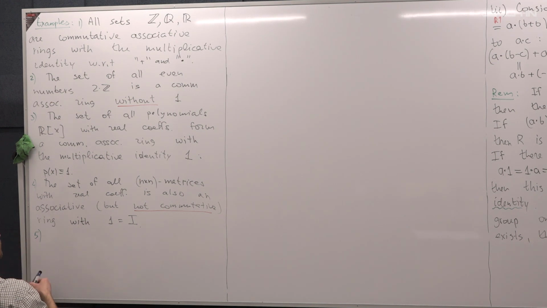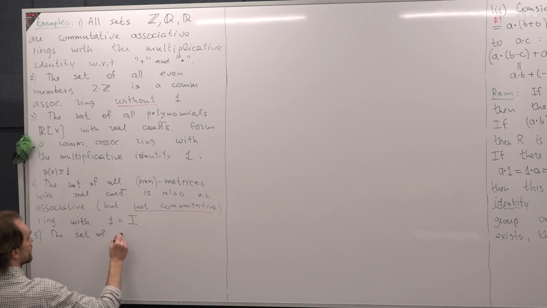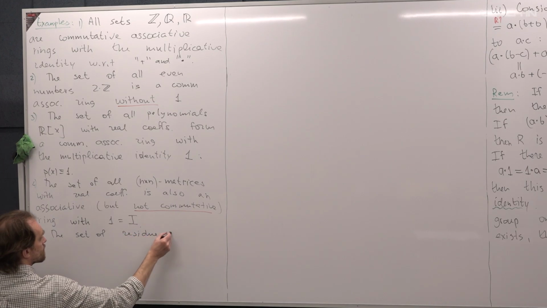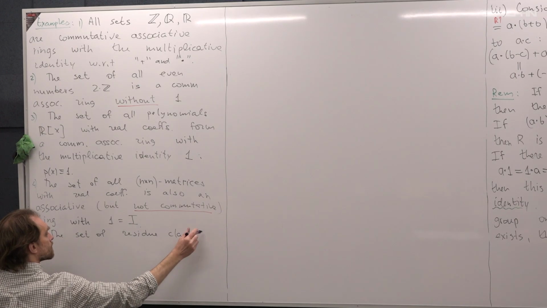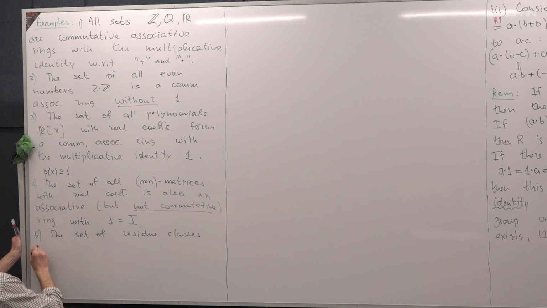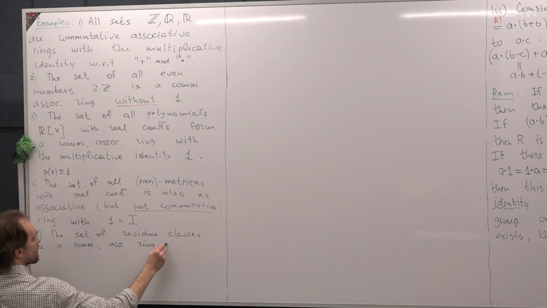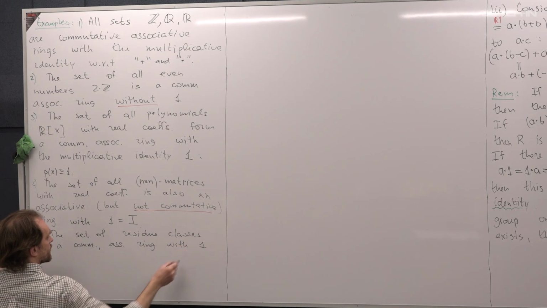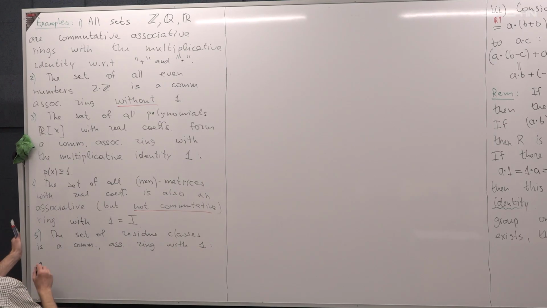And finally, the last example of a ring, the set of residue classes is a commutative associative ring with the multiplicative identity. So we need to define the second operation.